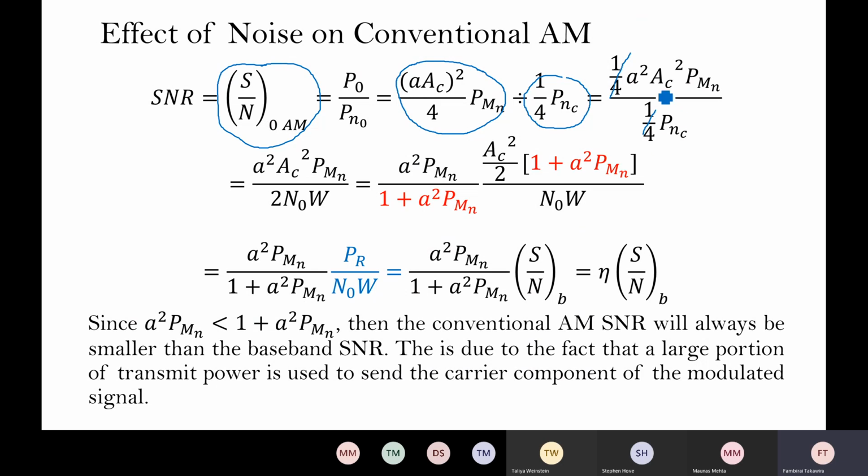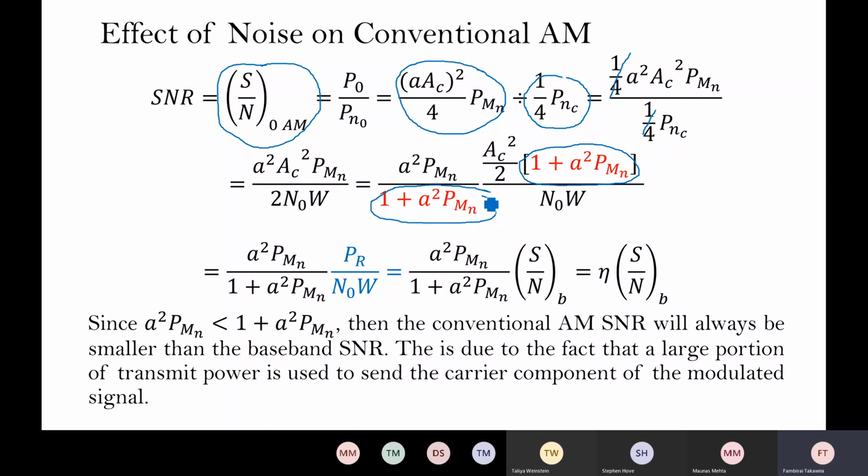Now, if we multiply this expression by 1 plus a squared P_mn in the numerator, and also divide by 1 plus a squared P_mn in the denominator, we would not have modified that expression.